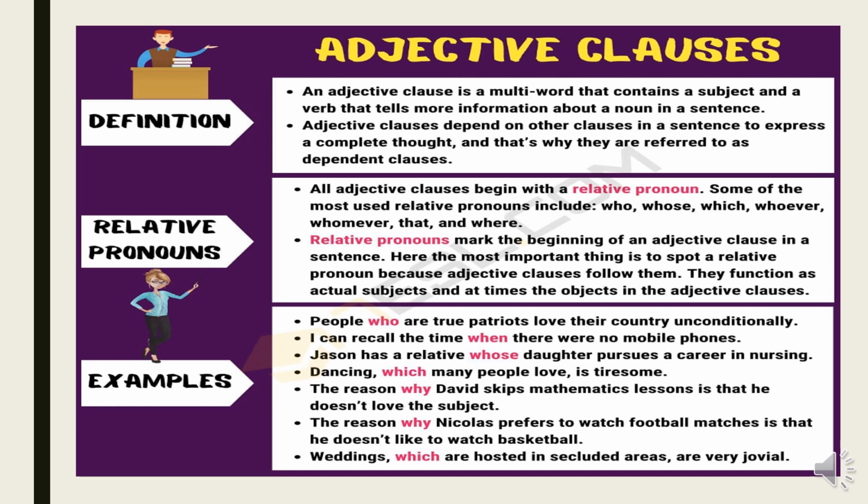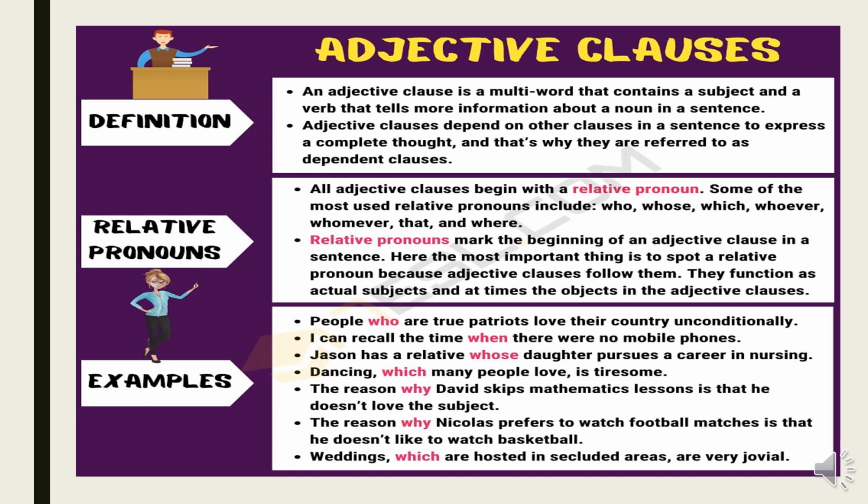Adjective clauses depend on other clauses in a sentence to express a complete thought, and that's why they are referred to as dependent clauses. All adjective clauses begin with a relative pronoun such as who, whose, which, whoever, whomever, that, and where.